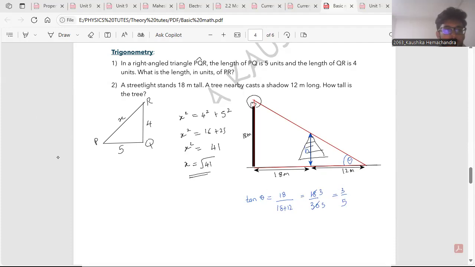And there's another triangle as well, the smaller one, concerning the tree, this one. Same angle theta. So you have the adjacent side, and you are asked to find the opposite side. You also know what tan theta is equal to.